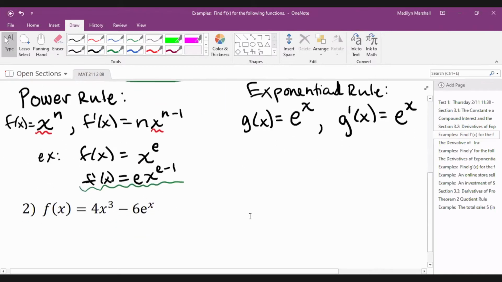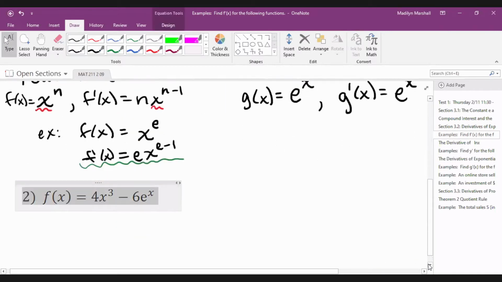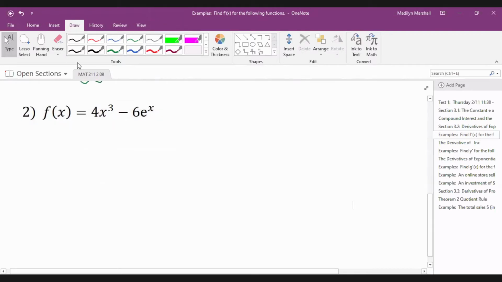So let's look at another one similar. So we have this f of x.